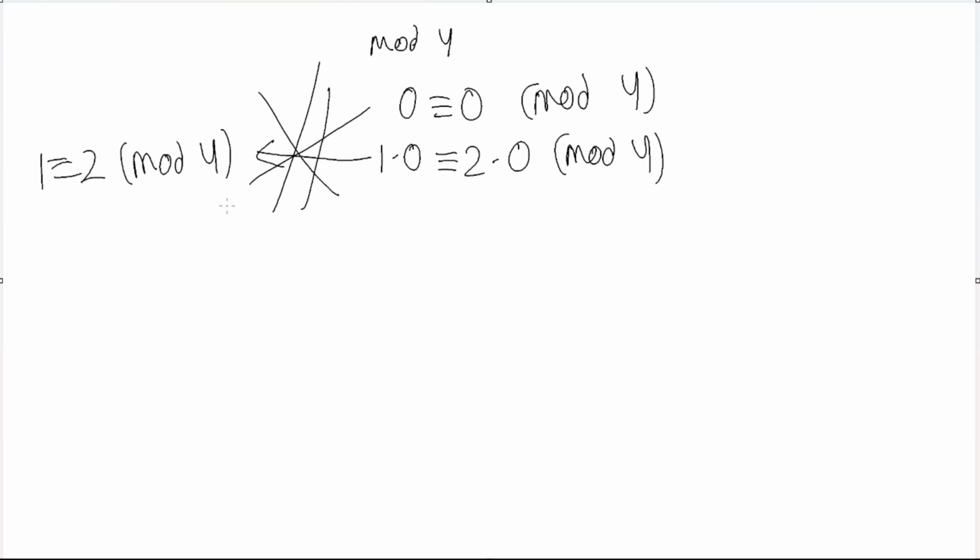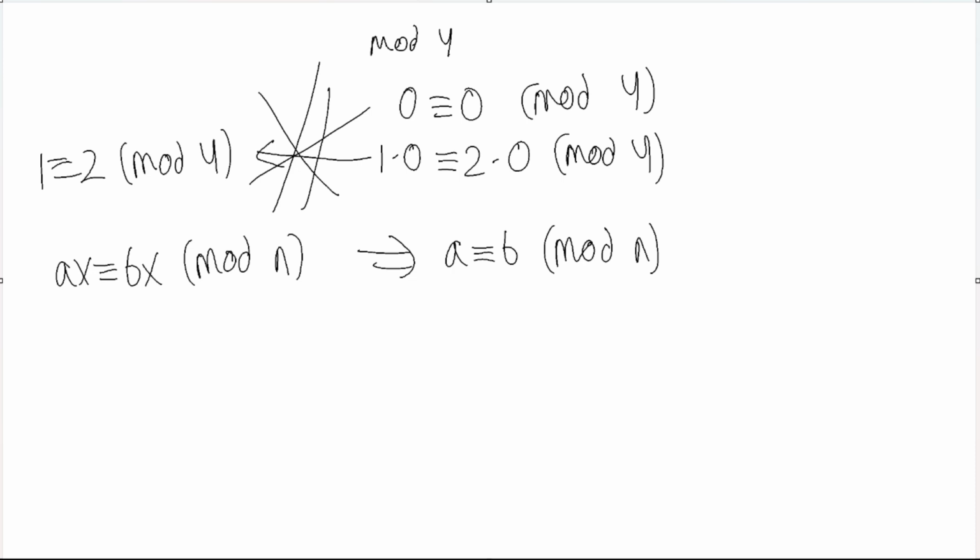So the purpose is we can't go backwards like this. And so this begs the question, when exactly can we go backwards? In other words, is there an integer x, or a type of integer x, such that ax is equivalent to bx mod n implies that a is equivalent to b mod n?